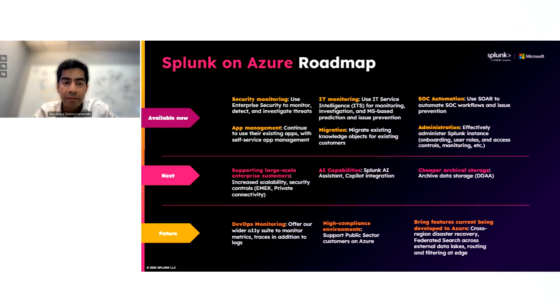The other things that we continue to offer, I really think of as bread and butter for any customer on the cloud, is app management. Like I said, Victoria Experience guarantees that you're able to manage your apps yourself, whether that's app upgrades, new app install, whatever it is. We are able to migrate customers.